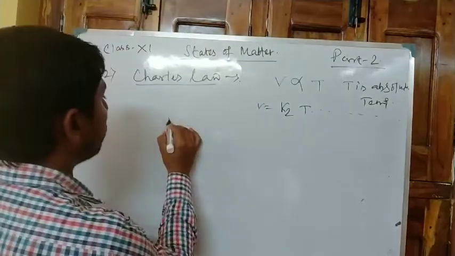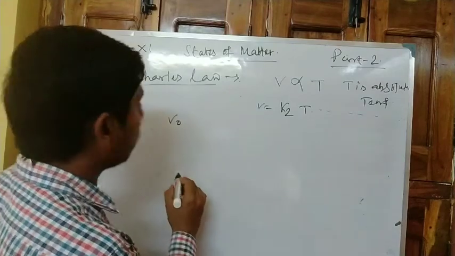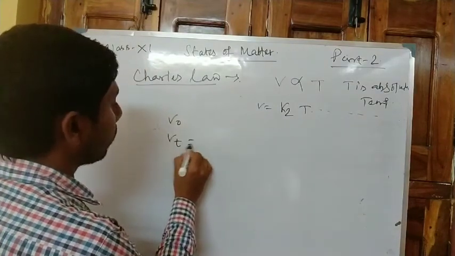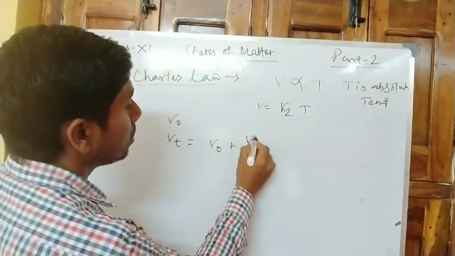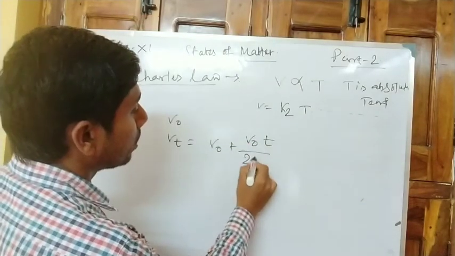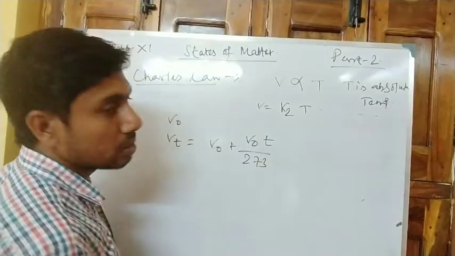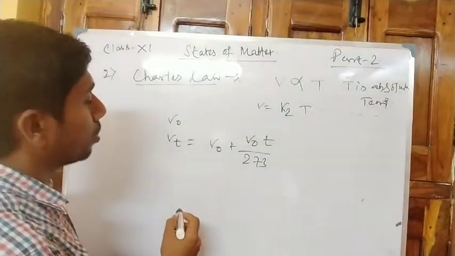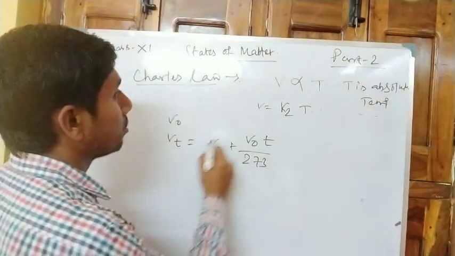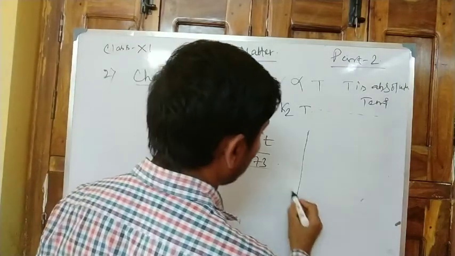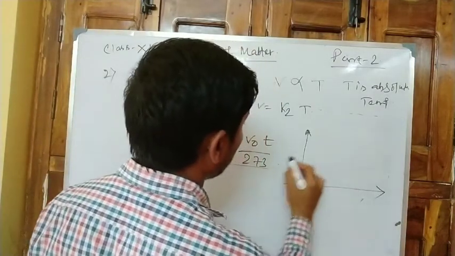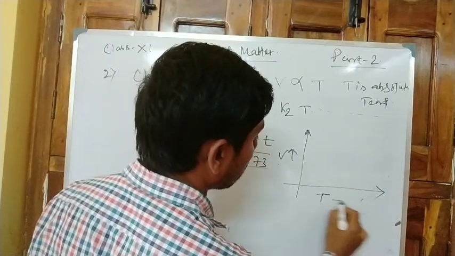If V0 is the initial volume and Vt the final volume, then Vt equal to V0 plus V0 into t by 273. From this relation we get Charles law, that V is directly proportional to T, and using this equation we can make a graph of V by T.